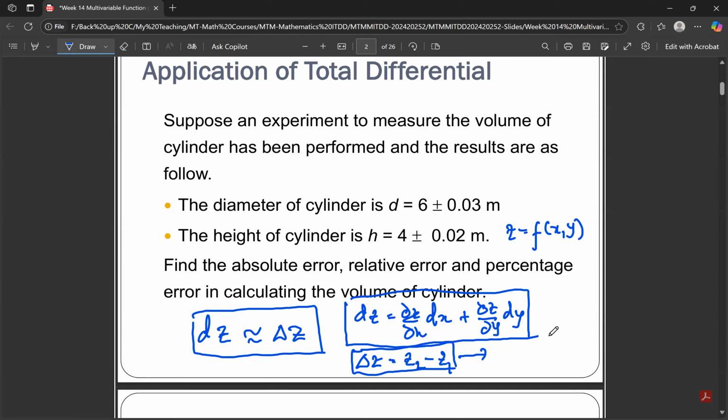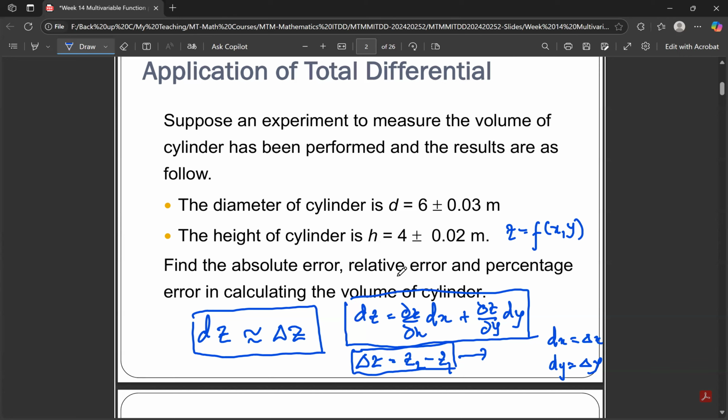And some assumptions should be accepted. The assumption, for example, is dx equals delta x, and dy equals delta y. So this is the assumption we must have.